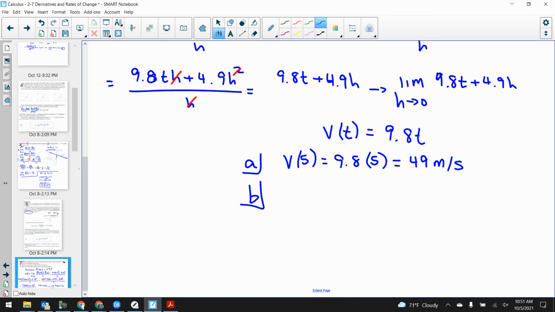Part B says, how fast is the ball traveling when it hits the ground? Well, I need to figure out what time it hits the ground, right? Because if I can calculate what time it hits the ground, I can find the velocity. It's 450 meters above the Earth, and I know the distance is equivalent to 4.9 t squared.